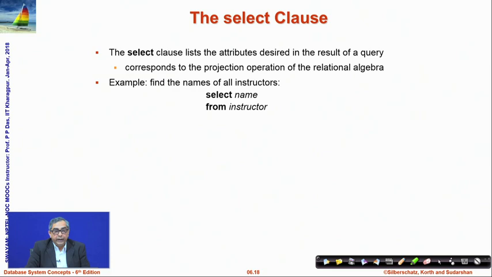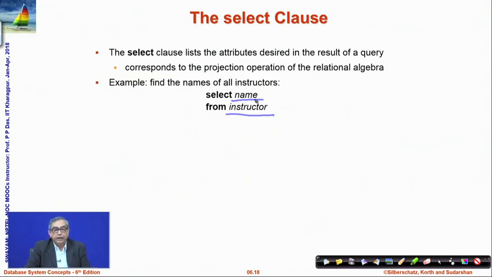So, if we write select name from instructor, then this will result in finding the names of all instructors from the instructor table, because this is a relation, and it is featuring in the from clause, and in select we are saying that the attribute that we want to select is the attribute name.